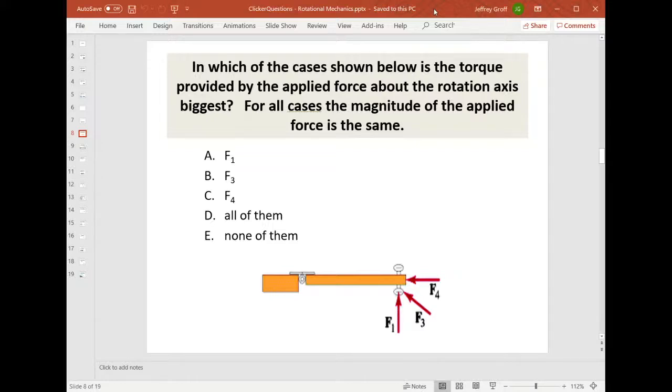In which of these cases, three forces, F1, F3 and F4, so this is like the same person pushing three different ways on the same door, will the torque generated be the greatest?